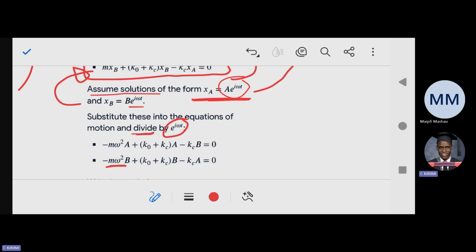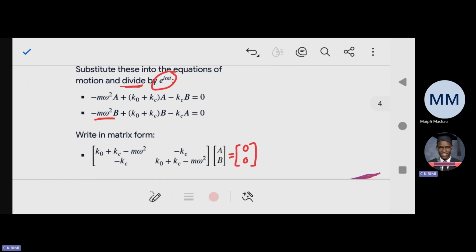When you divide by it on each and every term, it vanishes. That's why it's no longer appearing in the equation. So that statement is very important. It says substitute into the equations of motion and divide by e to the power i omega t.